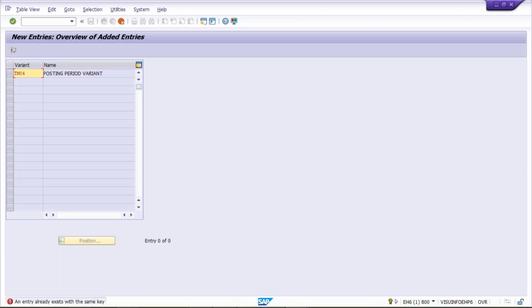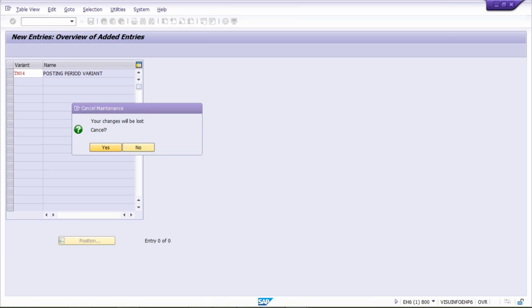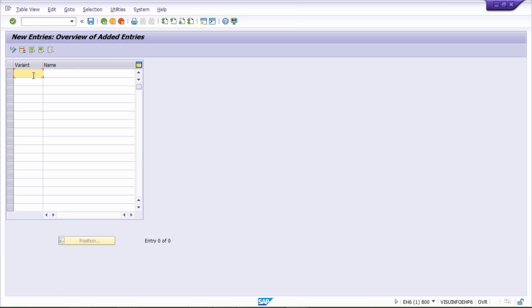Okay, somebody has already created this. No, we have defined TM05, right? TM05, we have defined our company code. So we'll do one thing. TM05 is supposed to be our posting period variant. Okay, and then press enter.